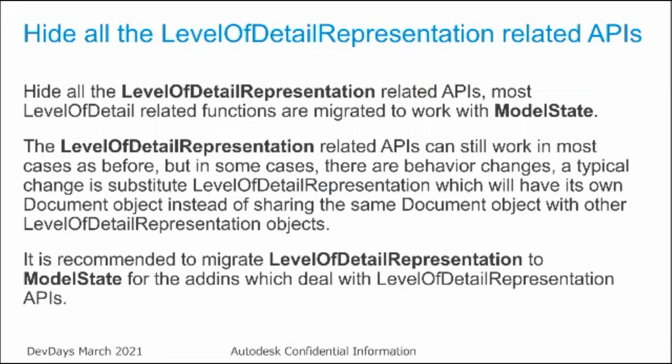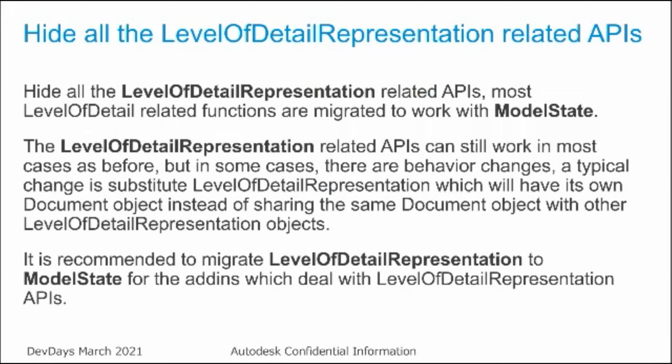As I said, we are adding all the level of detail representation related APIs, so most of the APIs can be migrated to work with the model state. The level of detail representation related APIs can still work in most cases as before, but in some cases there are behavior changes.